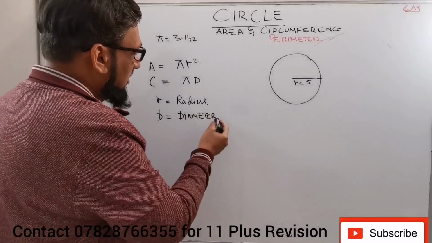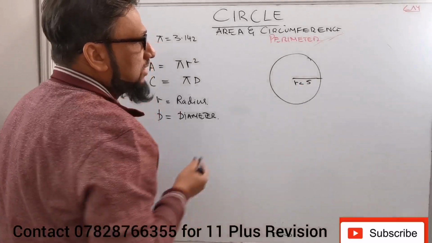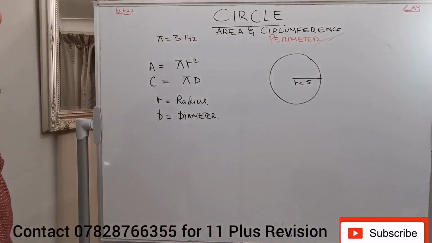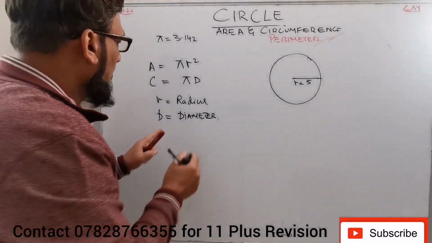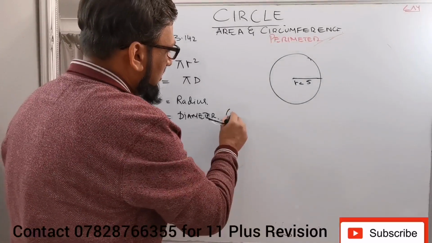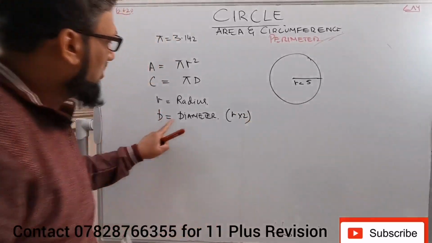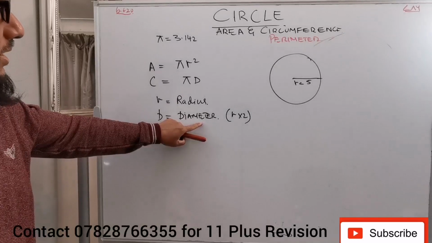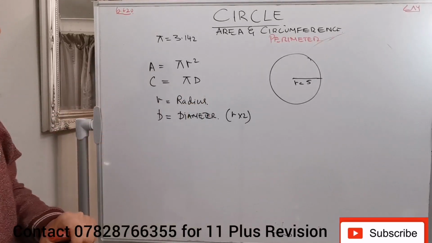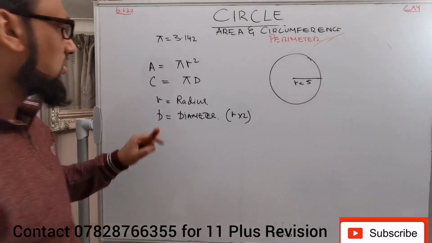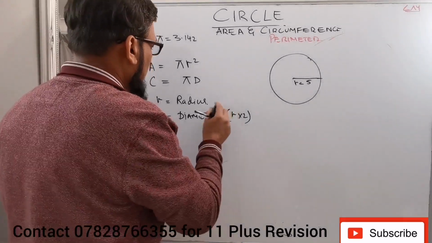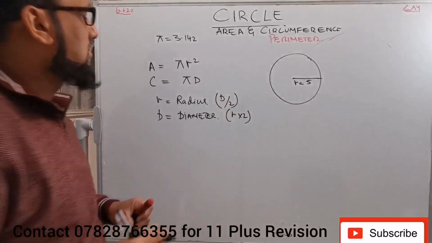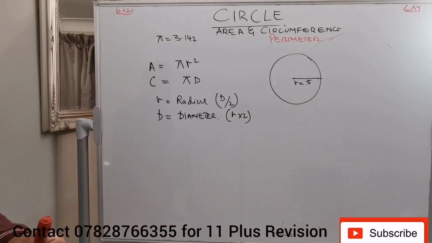If we know that the radius is 5, we can work out the diameter: r times 2 is the diameter. Or if the diameter is given and we need the radius, we simply divide the diameter by 2, which gives the radius.